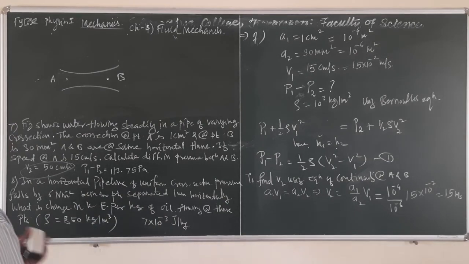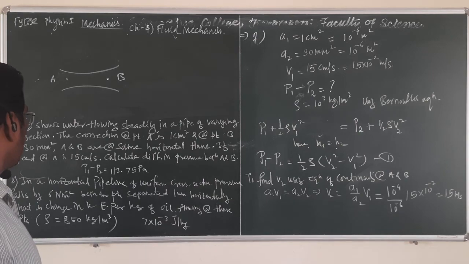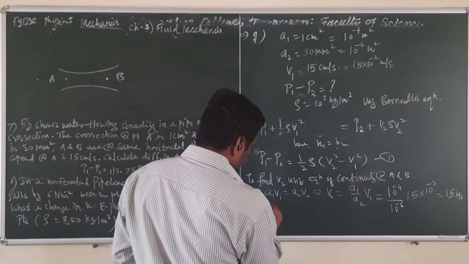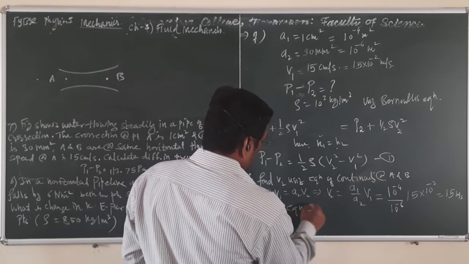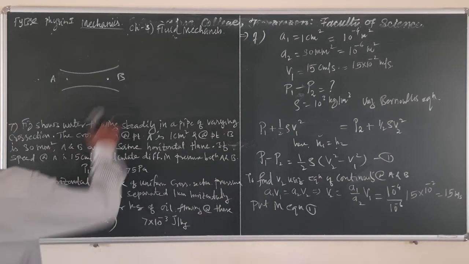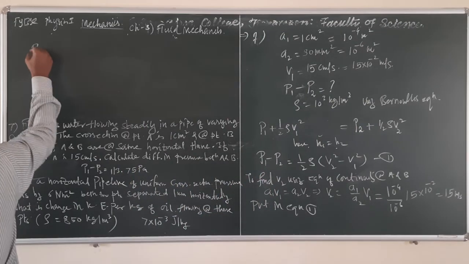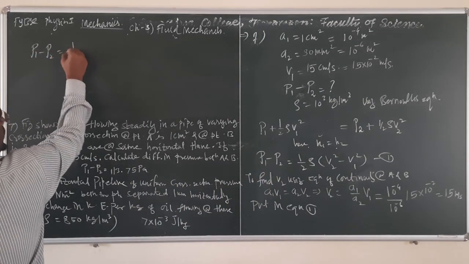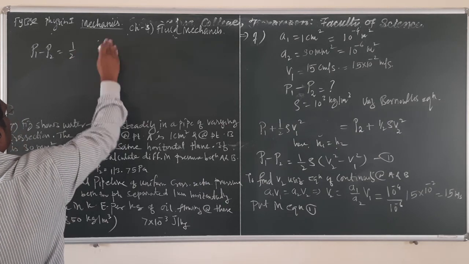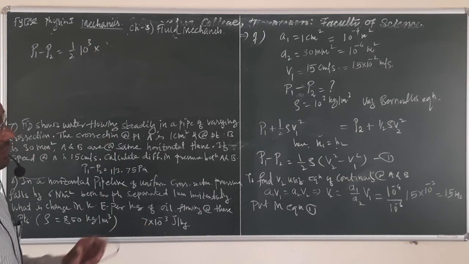Now using this we can calculate, putting in equation 1, what we will get. P1 minus P2 is equal to 1/2 rho (V2 squared minus V1 squared). So 1/2 times 10 raised to 3 times (V2 squared minus V1 squared).